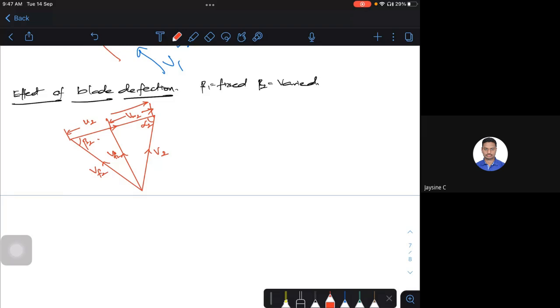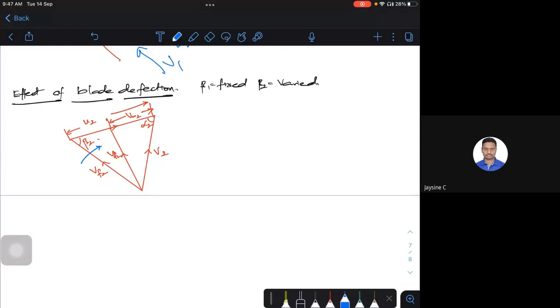If my beta 2 is changed, the deflection changes, meaning beta 2 moves in this direction, whether increased or decreased. Overall, it will have an impact on your blade velocity U2.